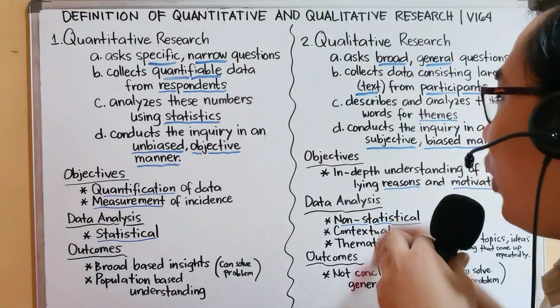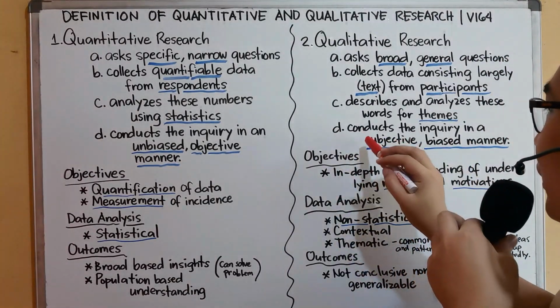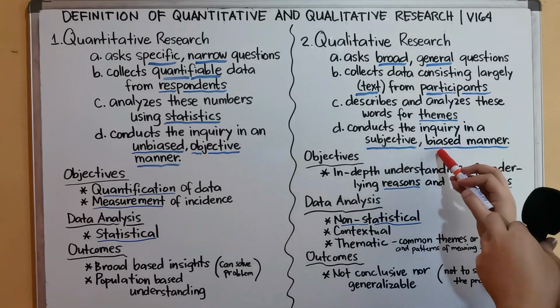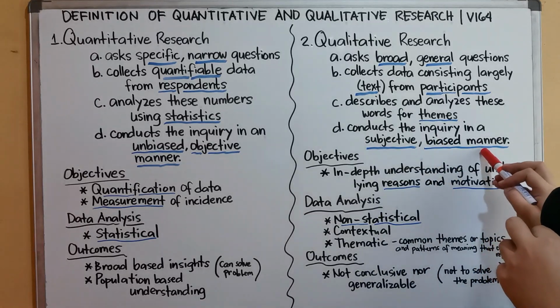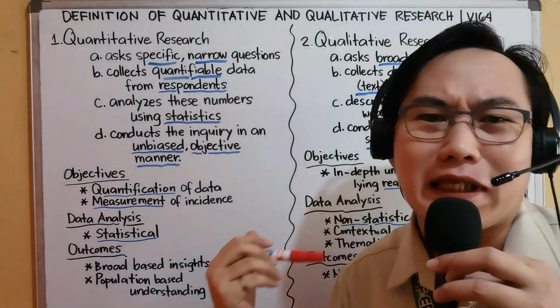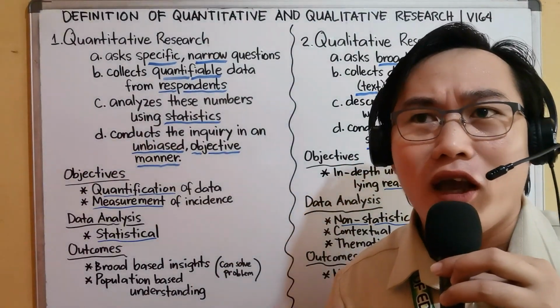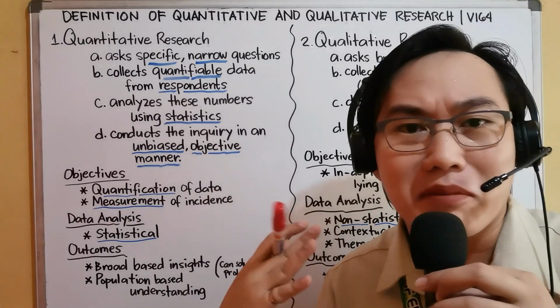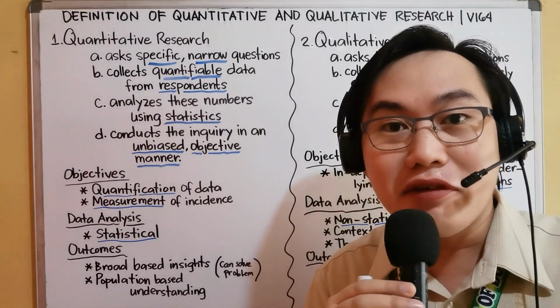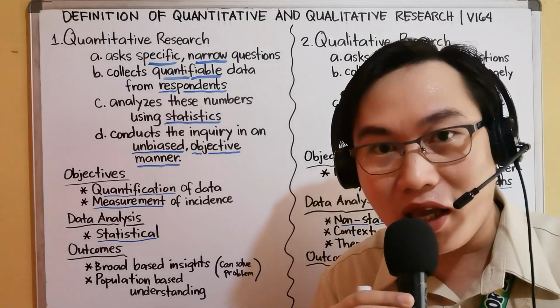Dito kasi sa qualitative, nakalagay dito, conducts the inquiry in a subjective biased manner. Highlight natin ha, kasi baka maguluhan kayo, baka sabihin nyo na, ay, wala palang silbi ang qualitative research kasi bias at saka subjective in manner. So, hindi natin siya gagamitin as our reference in any research endeavor that we are going to have as students.